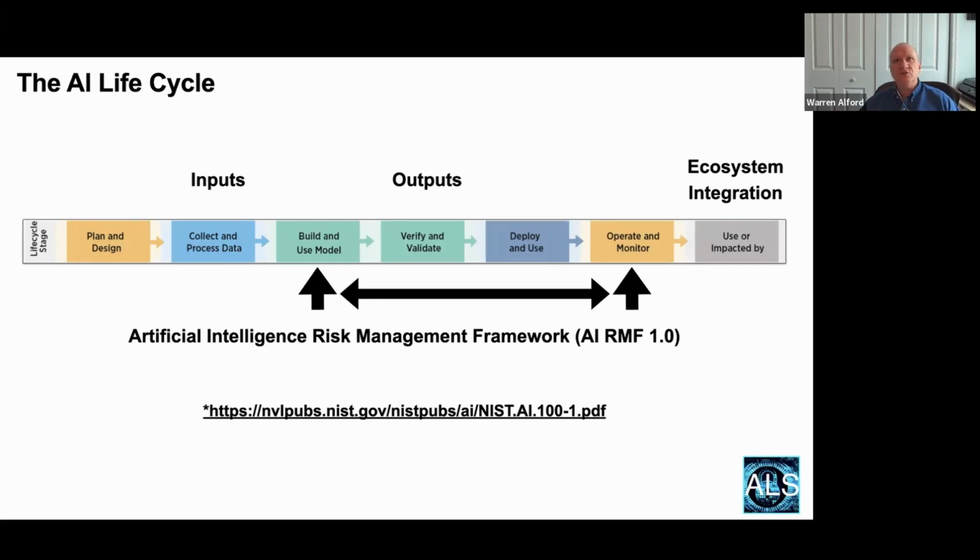Then the model is deployed and used, and then it enters into the operate and monitor mode. This is constantly giving feedback back into the build part, or the development model that is maybe in a development environment. So it's learning. Sometimes corrections are needed, and that can be done in real time back to, say, version 2 of the model or what have you. And then it can be integrated into an ecosystem.